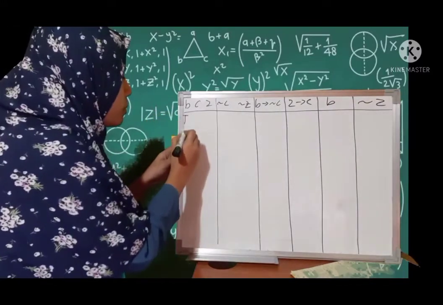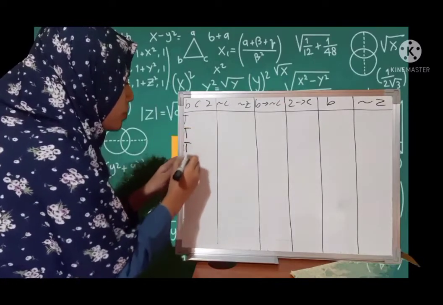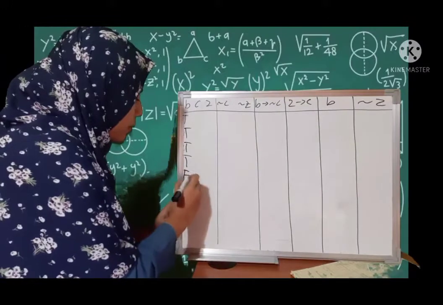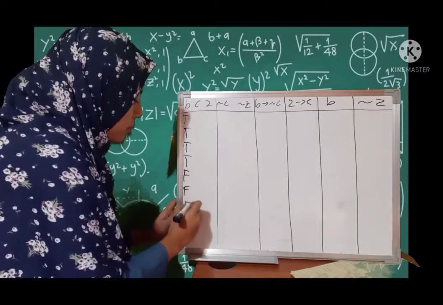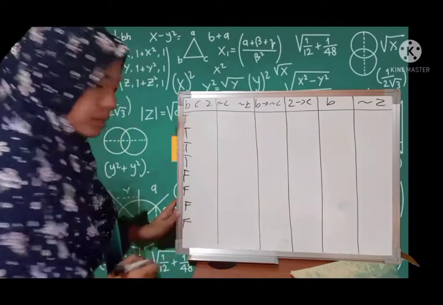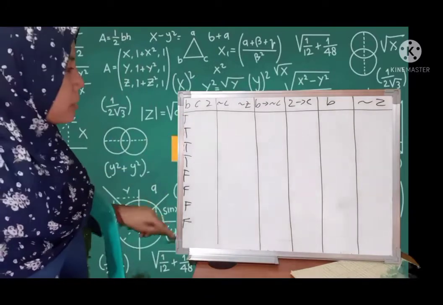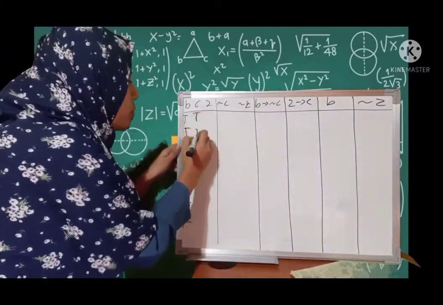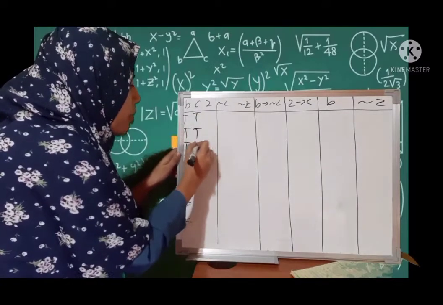So, true, true, true, true, 4 na true, 4 na false. False, false, false, then false. Sa C naman, ang ilalagay natin dyan ay 2 true, 2 false.